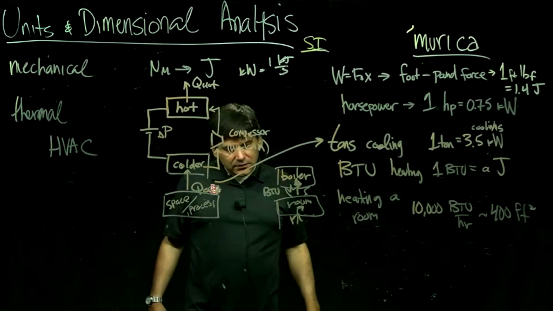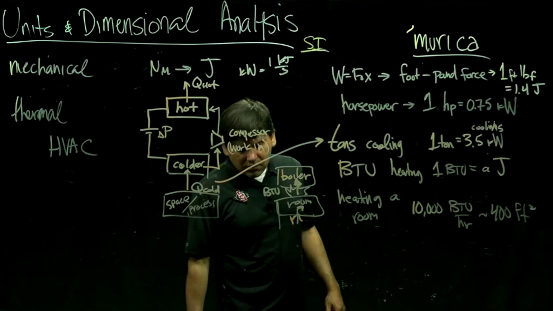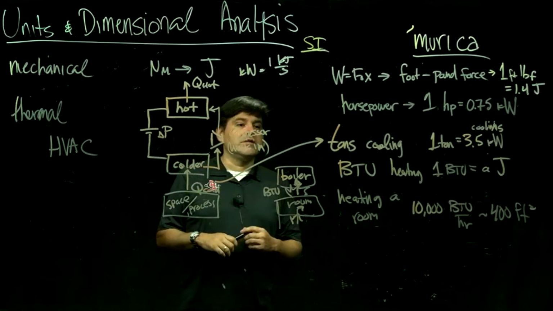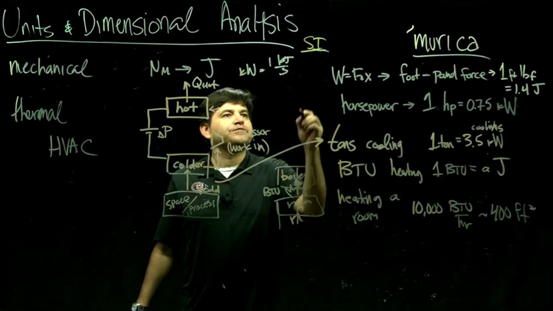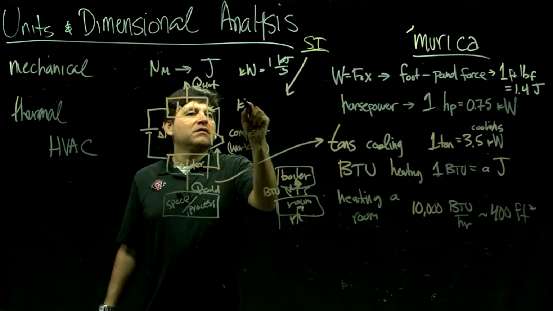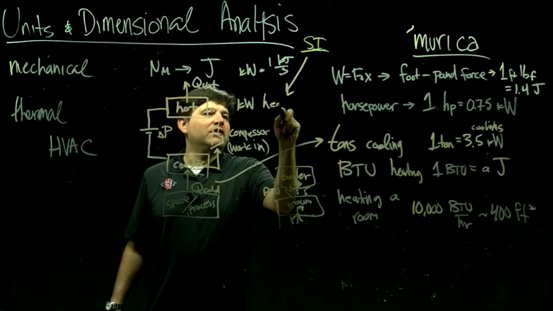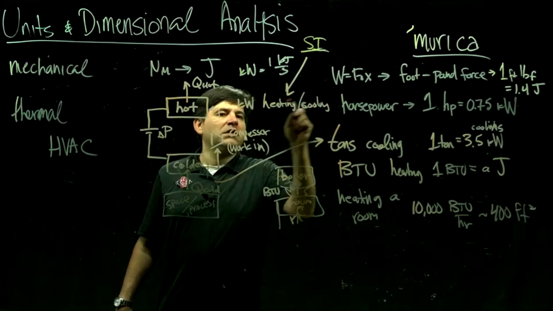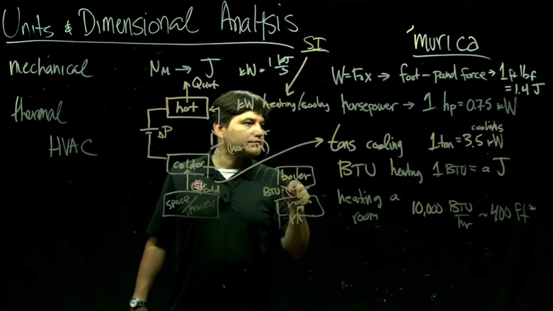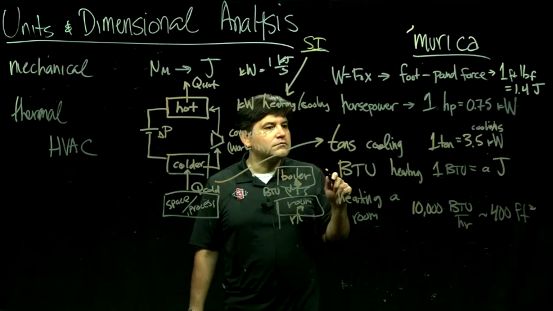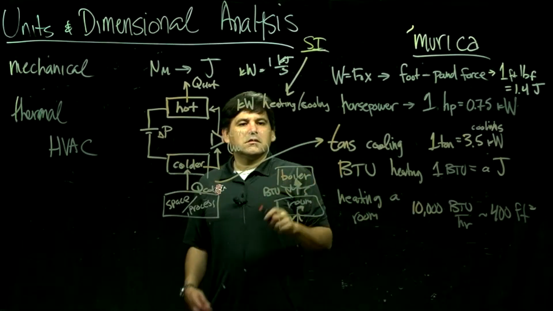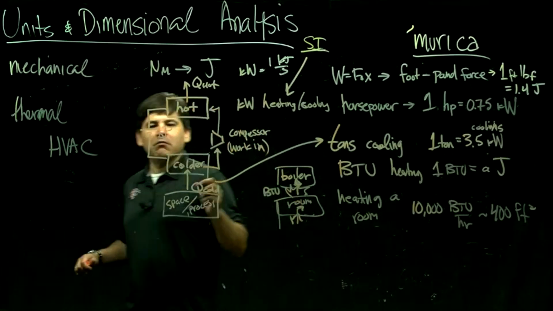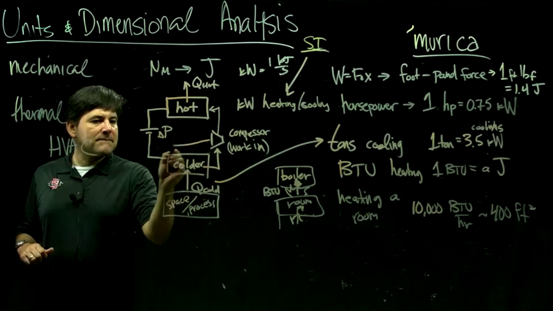Then in SI, the SI units for this would be kilowatts of heating or cooling. So for HVAC, it's kilowatts heating or cooling, and then the motor part is different.